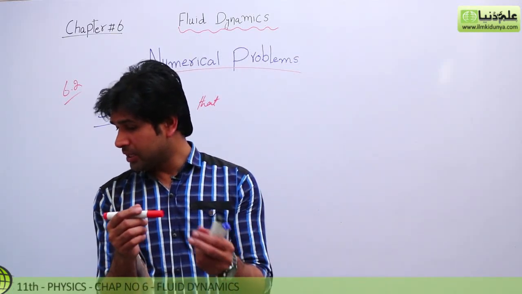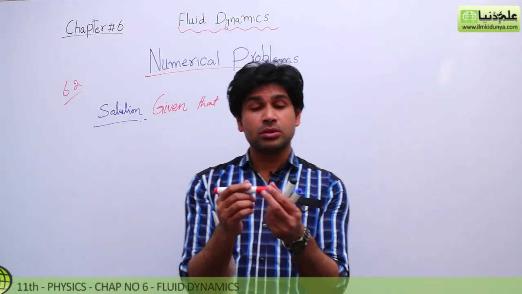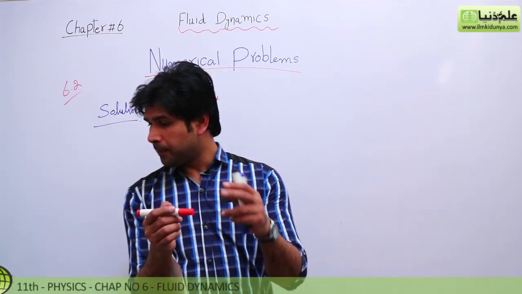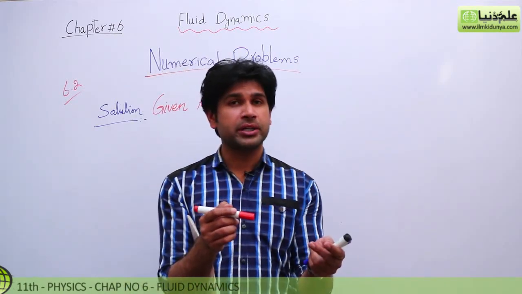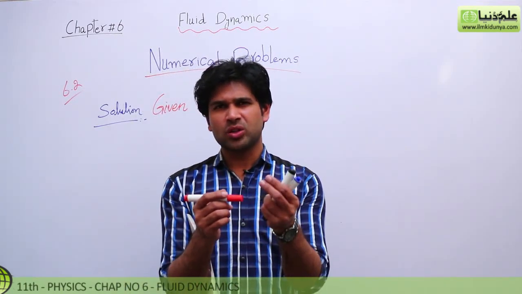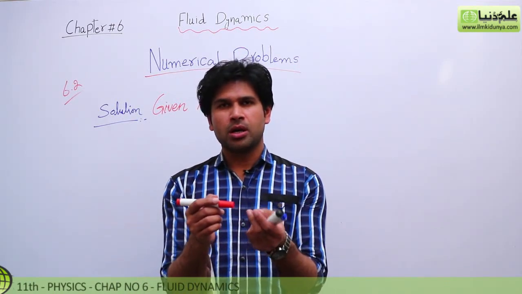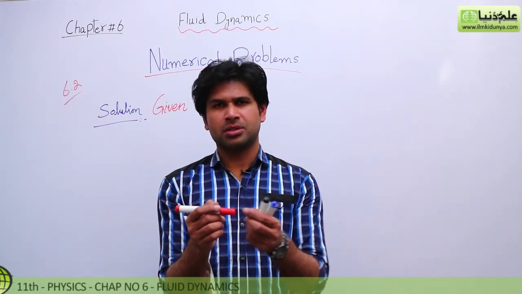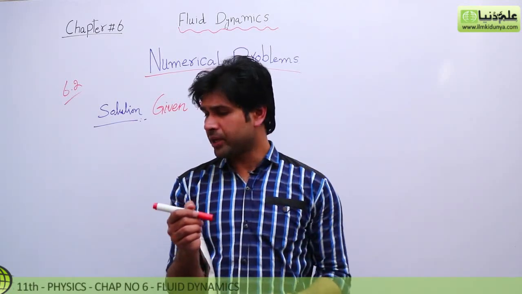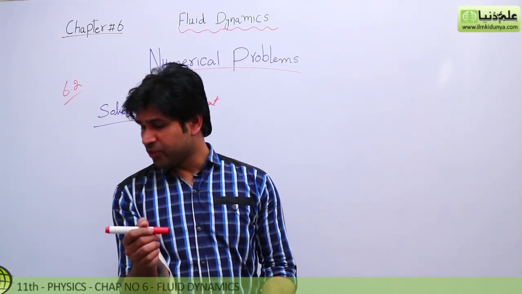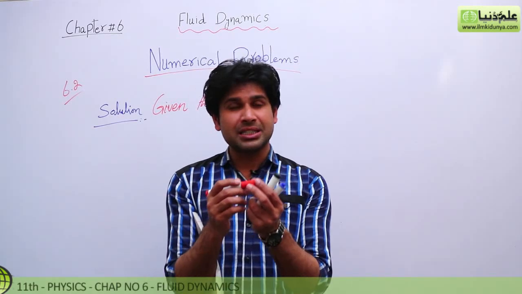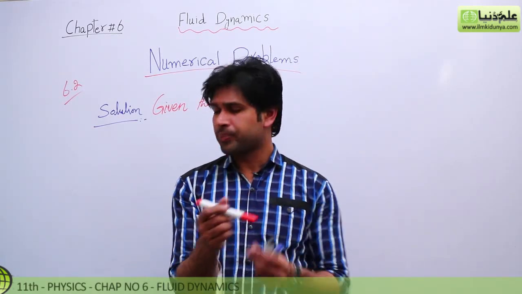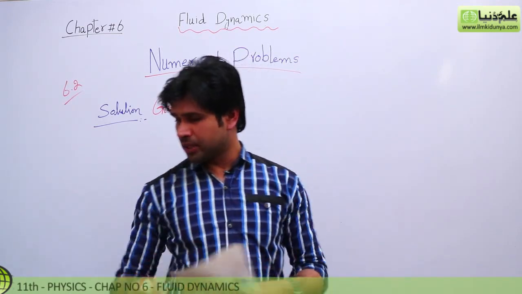When the water ejects through this nozzle, the velocity becomes 21 meter per second from 1 meter per second, because the nozzle is used to sprinkle water fast or over a large range, so it should have a very narrow diameter. We have to find the diameter of the nozzle attached to this hose pipe. So let's solve this numerical problem.